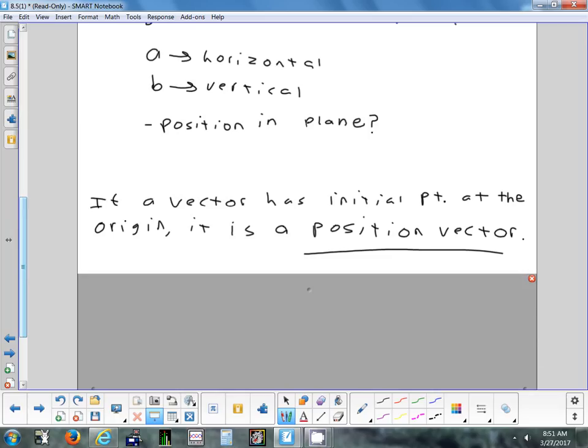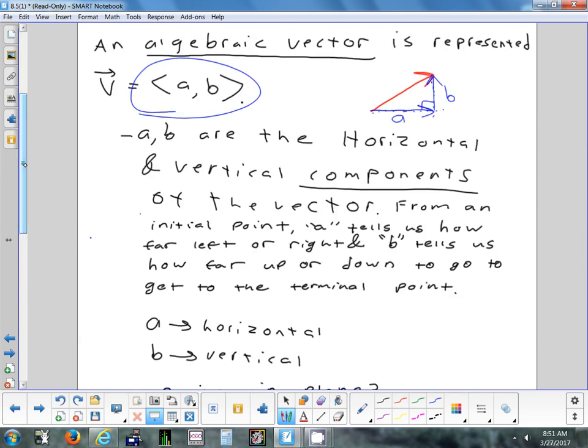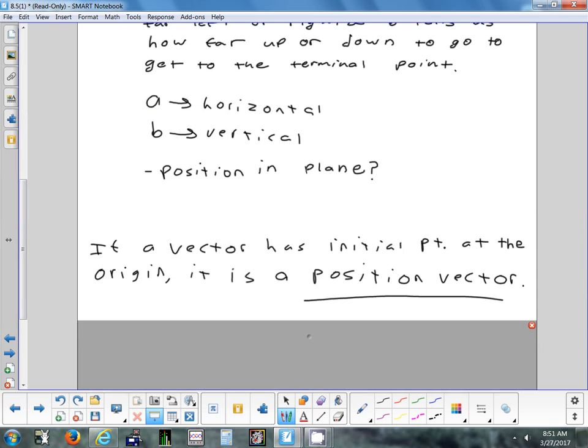So now what I want to look at is if they give us an initial and a terminal point, not starting at the origin, how can we convert two coordinates into a vector like I just circled in blue? Okay, so I'm going to take one of the arrows that I just drew on the other page.